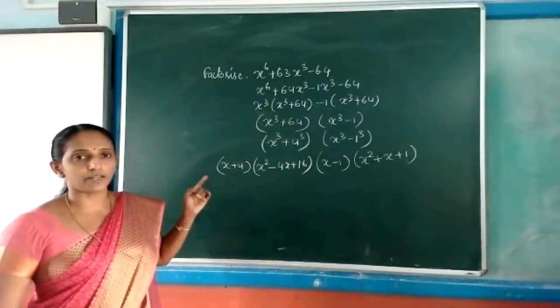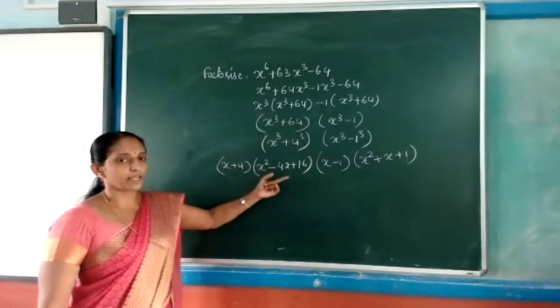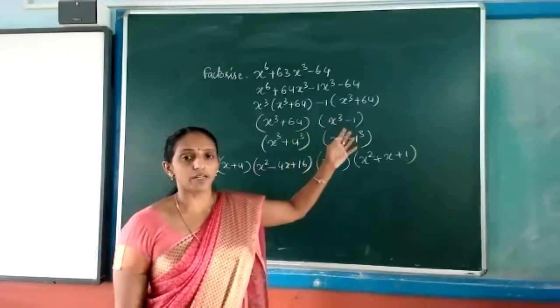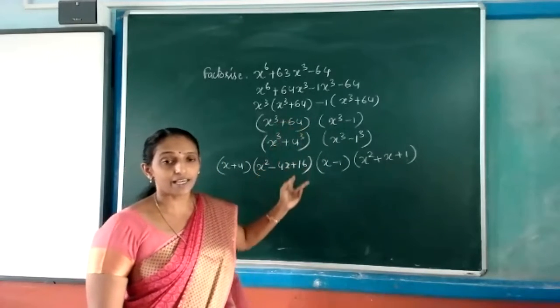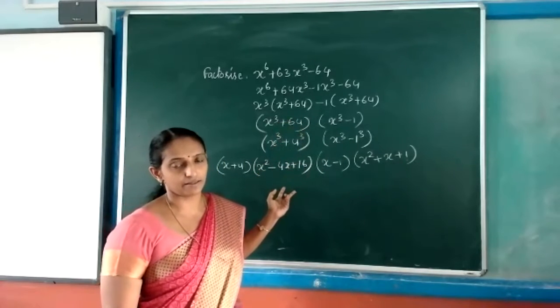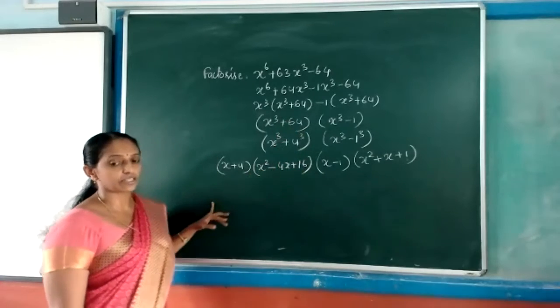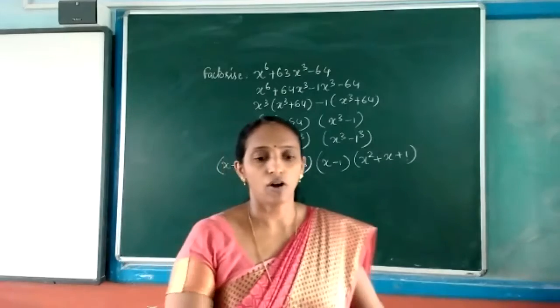So this is the complete factorization: x plus 4 into x square minus 4x plus 16 into x minus 1 into x square plus x plus 1. Here we were getting only 2 factors, but now we get 4 factors, the product of 4 factors. So complete factorization is required in factorization questions. All right.